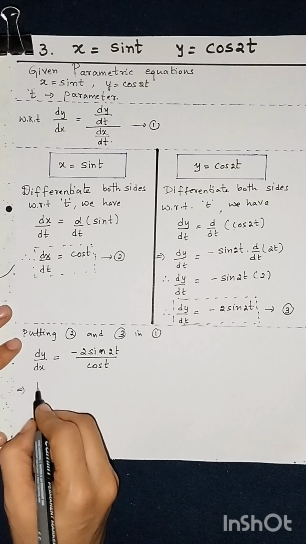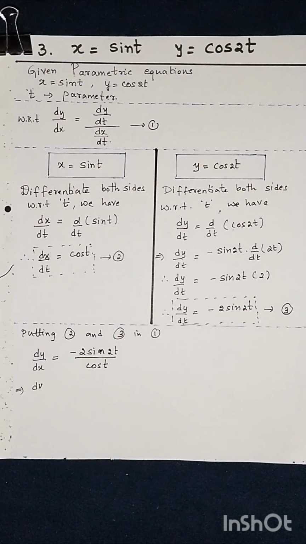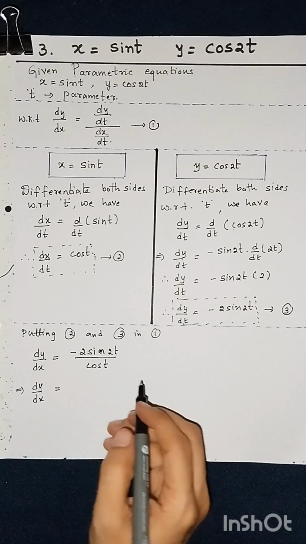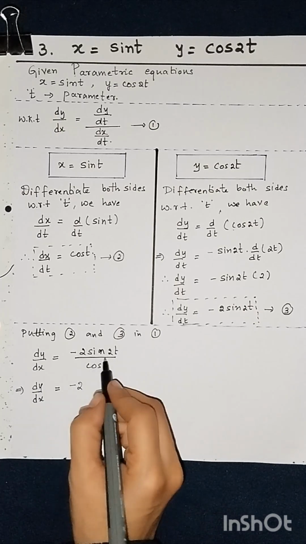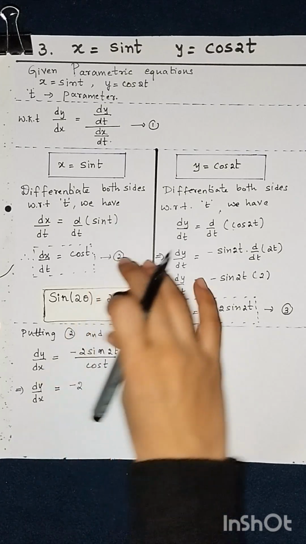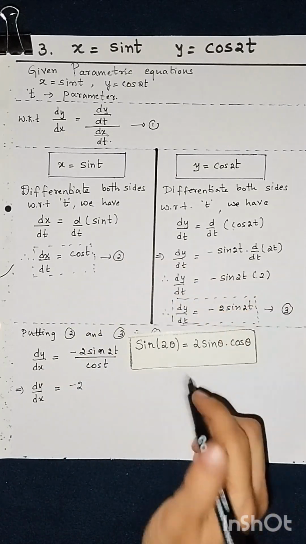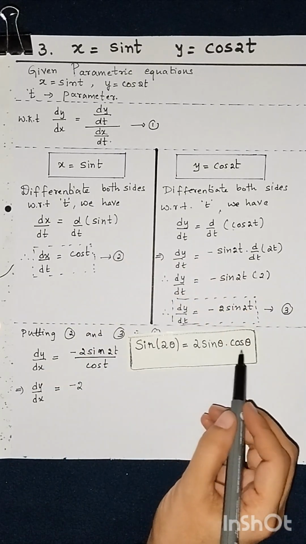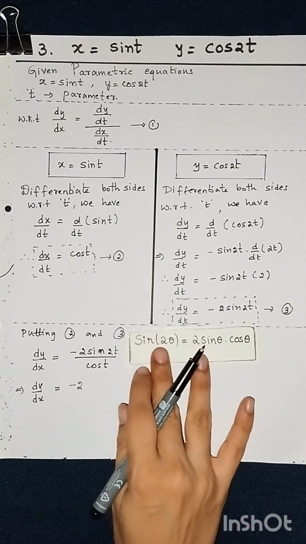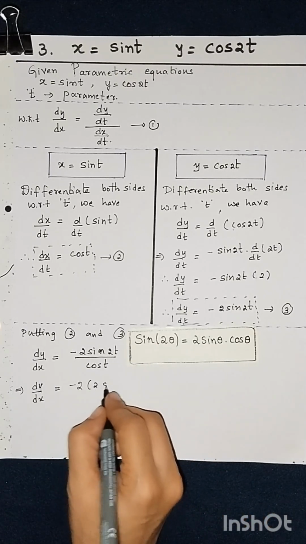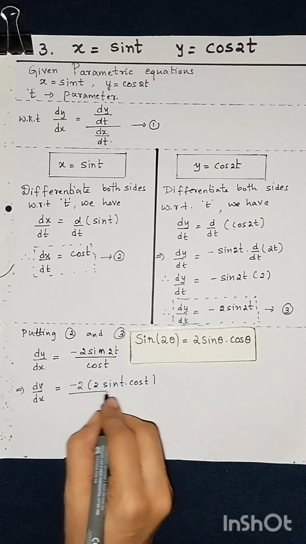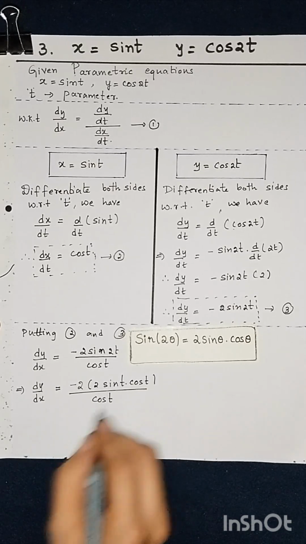So this implies dy by dx is equal to, so here we know sine 2t is 2 sine t cos t. When you have theta I will write theta, but here we have t, so we will write 2 sine t cos t divided by cos t.